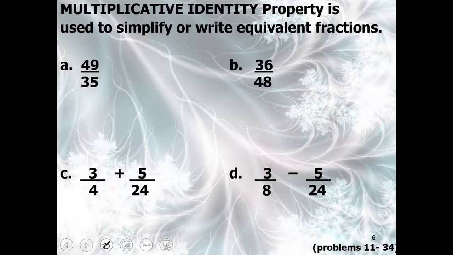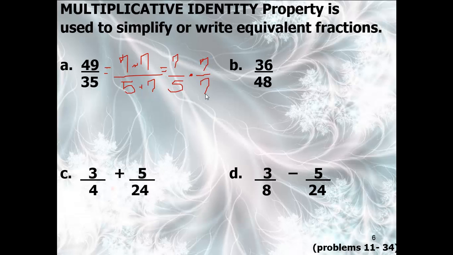Use the multiplicative identity property to simplify or write equivalent fractions. Okay, now watch what we're going to do here. 49 is the same as 7 times 7, right? 35 is the same as 5 times 7. Now I'm going to split this up. I have 7 over 5 times 7 over 7. 7 over 7 is just a fancy way of writing 1.